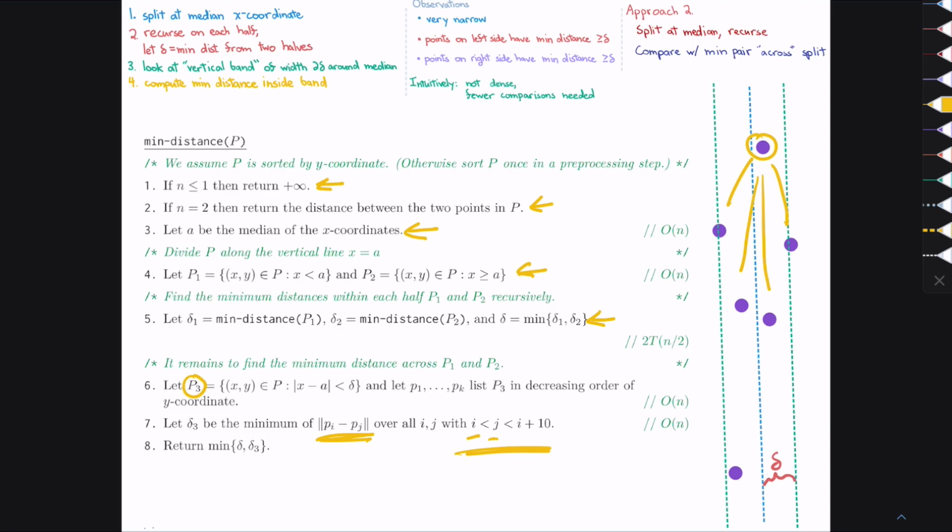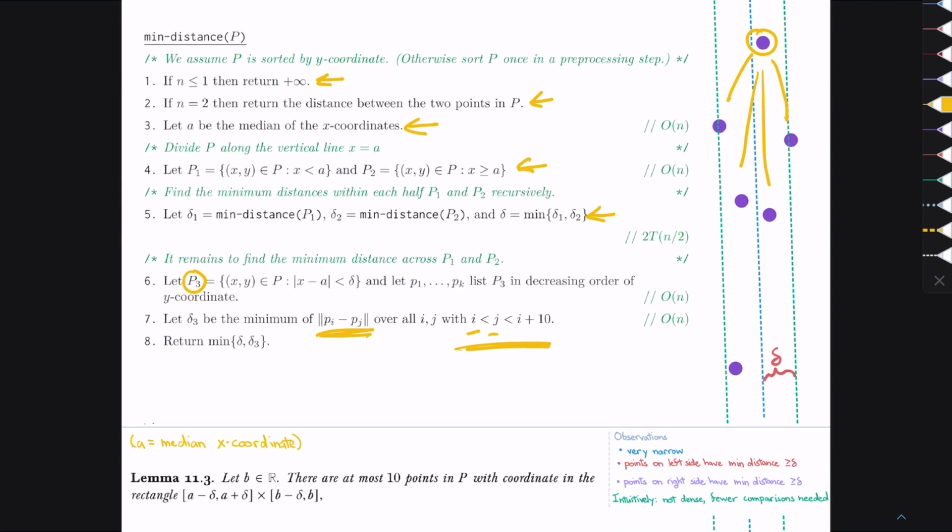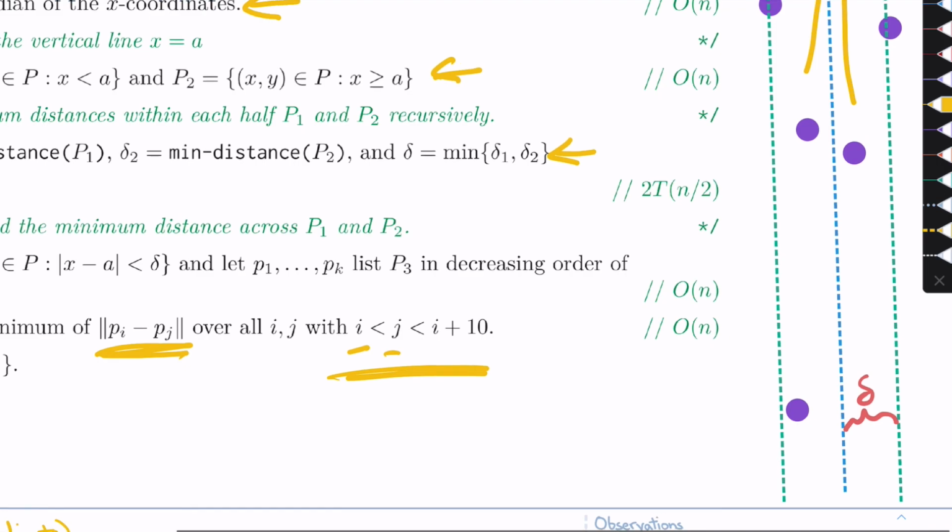Because then if there are points within those bands, they'll have distance less than delta, right? So let me zoom in. If this was delta over 2 on each side, a point that's here and a point that's here could still be within delta, because it's only leaping over delta over 2.